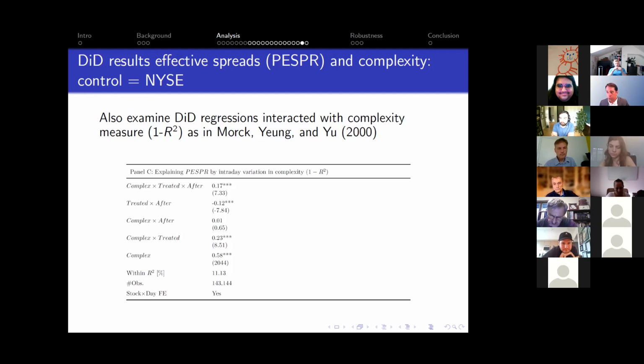And that's a measure of complexity. And what we see is if we interact complexity with our difference-in-differences treatment times after variable, you find it loads positively and statistically significantly. So basically what this suggests is that the spread effect that we've found is concentrated in high complexity times, right? And so it does seem like the complexity of the liquidity provision has something to do with the effects we're finding.